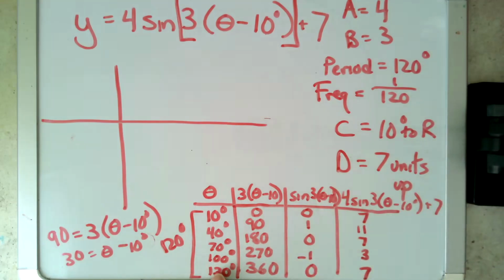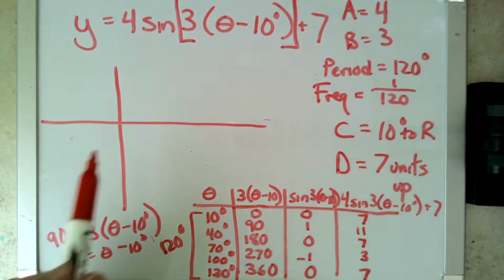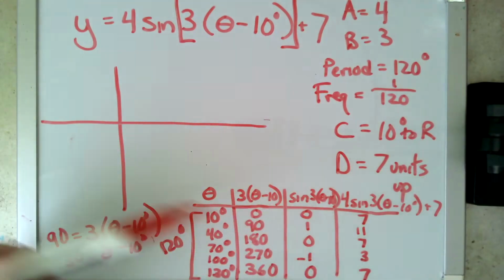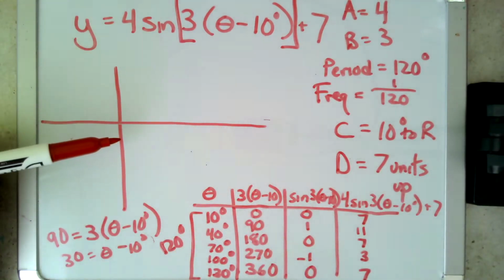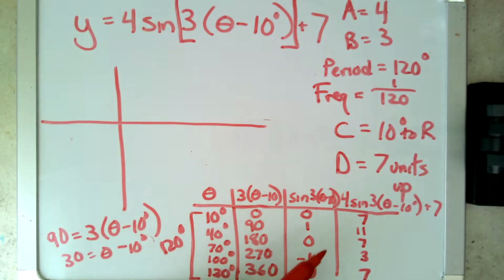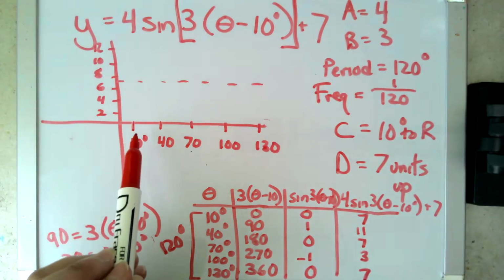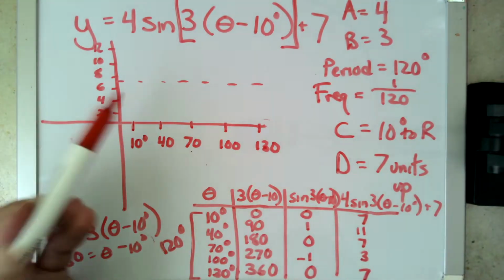And so this column is my X or theta axis. This column is my Y, and I can see that my sinusoidal axis is going to be here at 7. So now I can plot. So there are my 5 points.